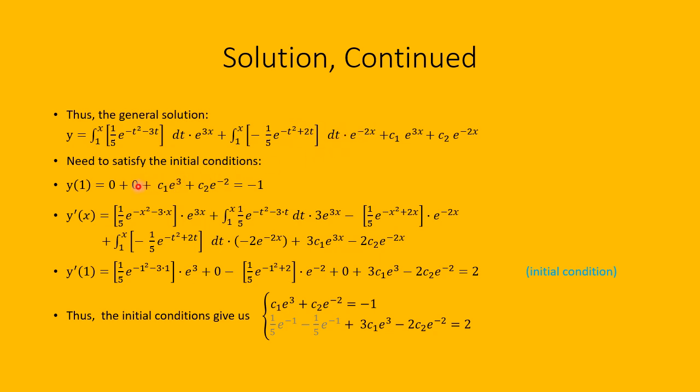It's also 0. And so all we're left with is c1 e to the 3 times 1 plus c2 e to the minus 2 times 1, which is c1 e cubed plus c2 e to the minus 2. So that's y of 1, and it has to equal minus 1. That gives us a condition on these constants c1 and c2.